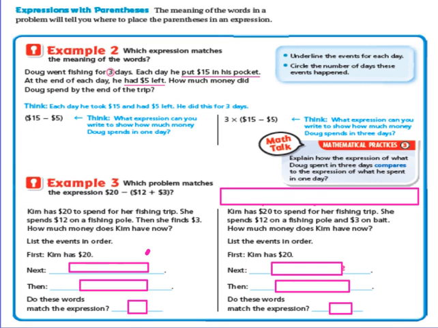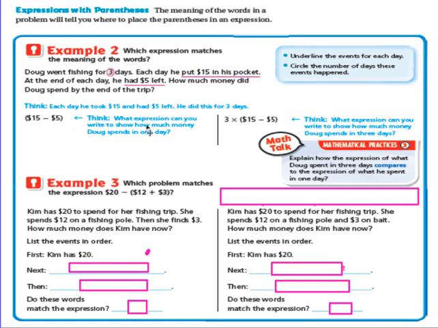So Doug went fishing for 3 days. Each day he put $15 in his pocket. At the end of each day he had $5 left. How much money did Doug spend by the end of this trip? So each day he took $15 and he had $5 left, and he did this for 3 days.